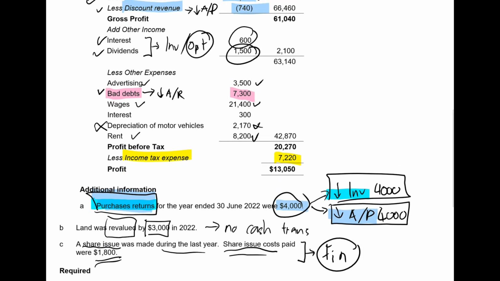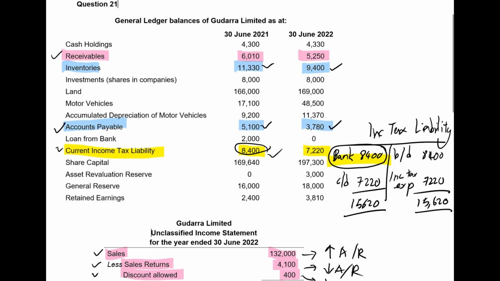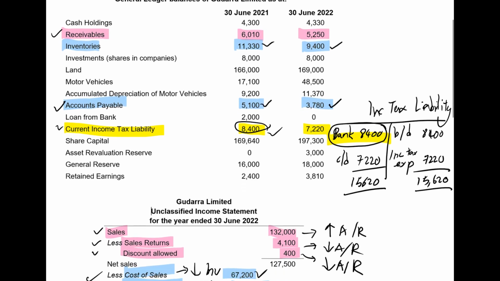The next one that I'm going to look at is interest paid. Interest paid is 300 because there is no accrued or prepaid interest. If you look into the general ledger part of this question, there's no accrued interest or prepaid interest.